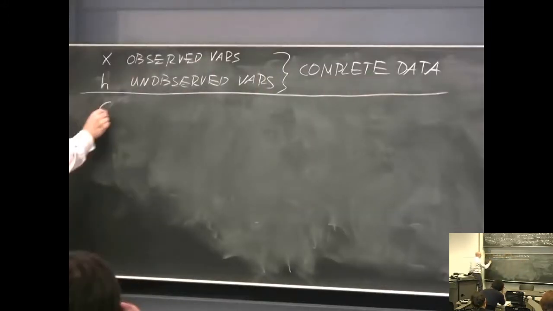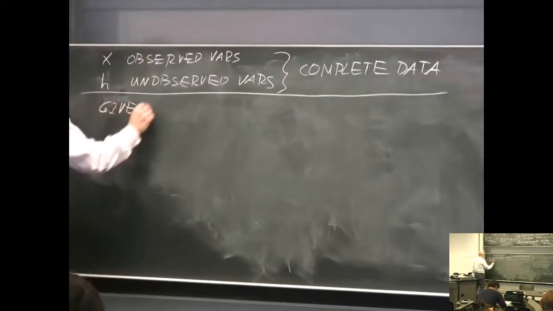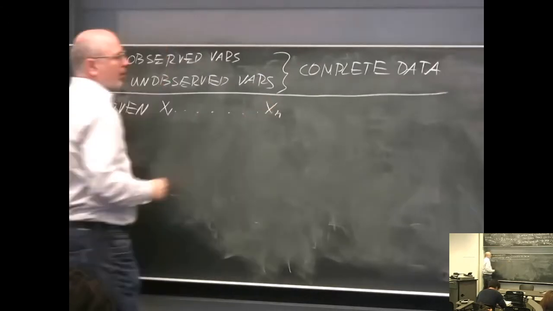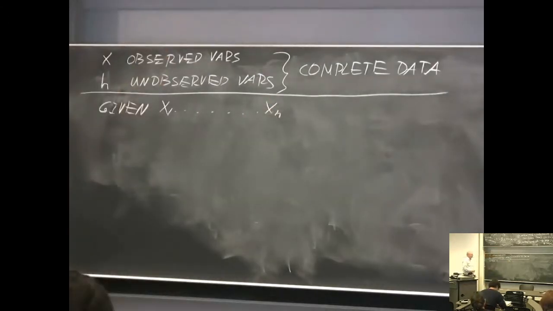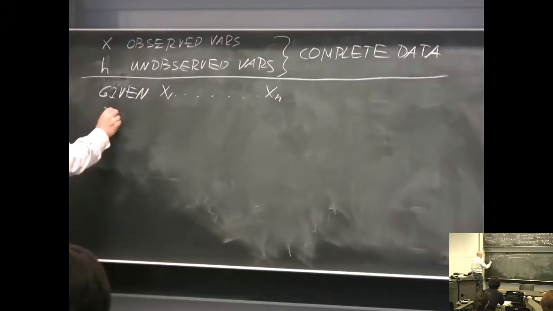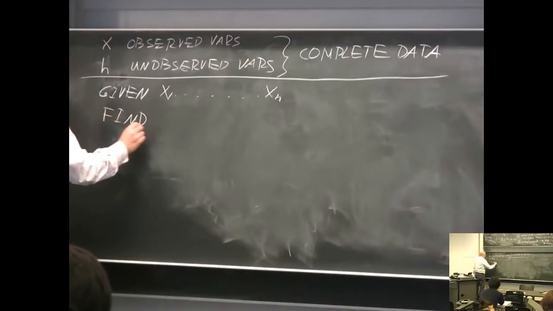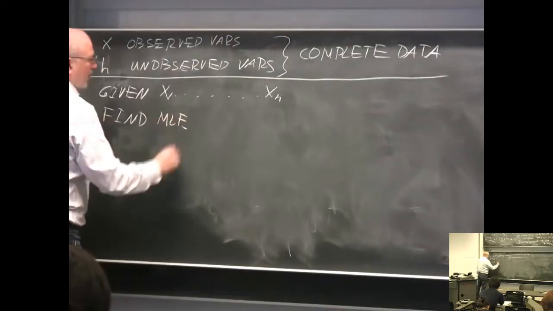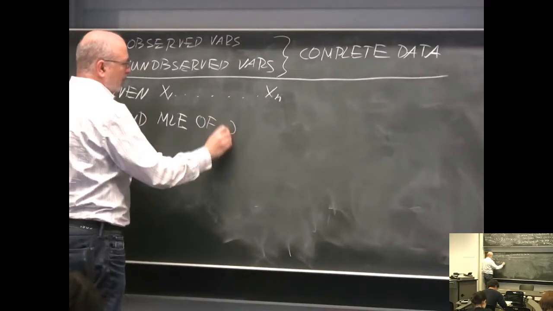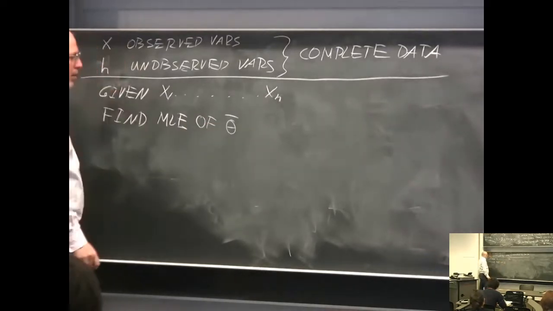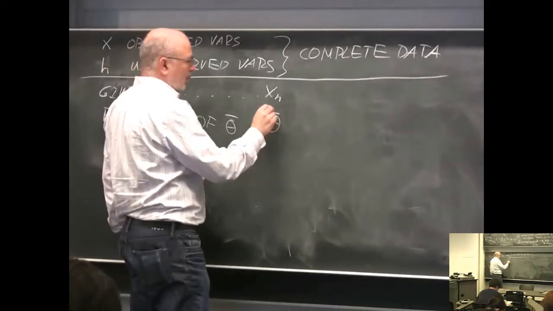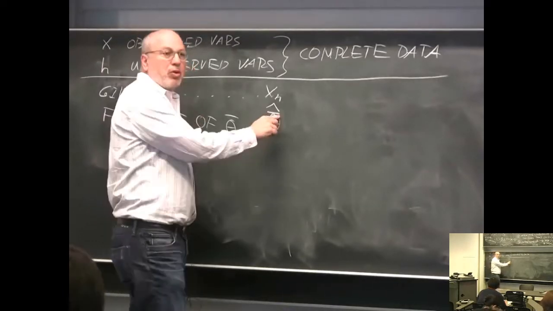And now we're given the observed data, which is x1 through xn. Our goal is to find the MLE of some parameters, namely theta. The bar is to show that it could be more than one parameter.